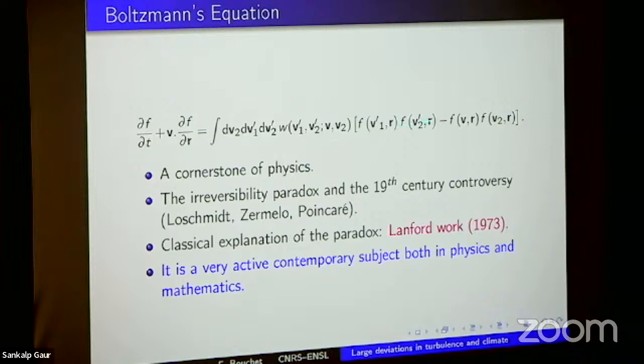Boltzmann wrote this equation, and then there was a huge paradox, a huge controversy with the mathematicians Loschmidt, Zermelo, Poincaré. They pointed out that the microscopic dynamics is time reversible, and this equation here is time irreversible, and so you have a problem. You have a paradox. There is no real problem, but there is something you need to understand.